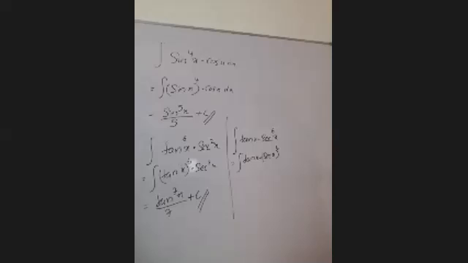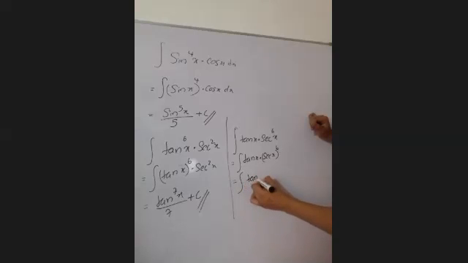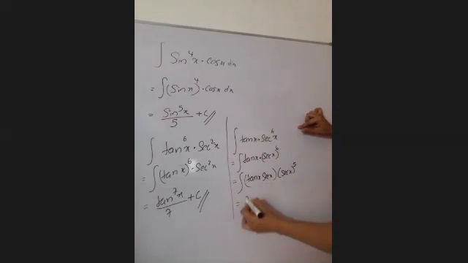Sec x tan x, yes. Madhushani? Yes, sec x tan x. So here we have to isolate one sec x tan x. I'll take one sec x out, so it turns into sec x to the power 5. Now you can see the differentiation is available in this term. So this is sec x to the power 5 plus 1, which is 6, over 6 plus c, the final answer for this. That's a way of doing this kind of question.